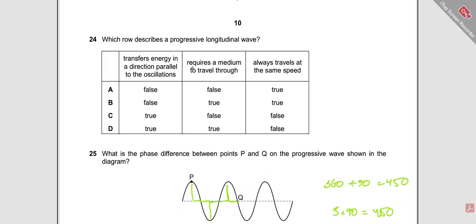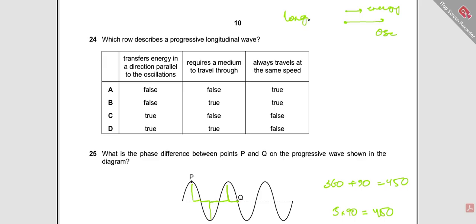Then which option describes a progressive longitudinal wave? Longitudinal and transverse, what was the difference? In longitudinal, the direction of oscillation is parallel to the direction of energy transfer or the direction of wave motion.